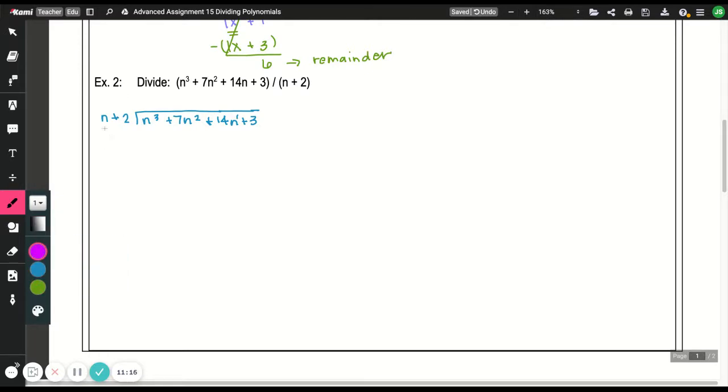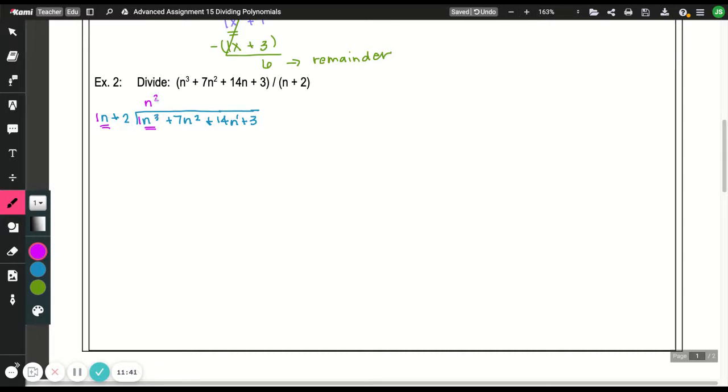Okay, so our first step, we only look at the first term and the first term. They both have a coefficient of 1. What would I need to multiply 1n by to get 1n cubed? They both have a coefficient of 1, so it would just be 1, and then n to the second. I have one of them here.